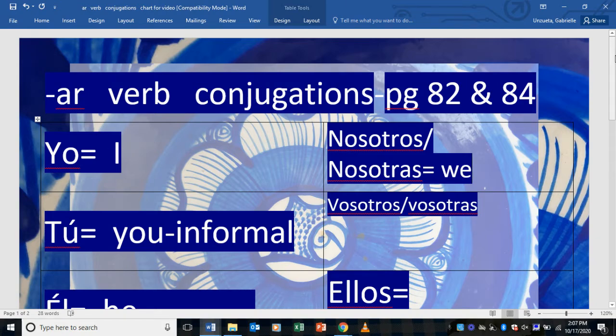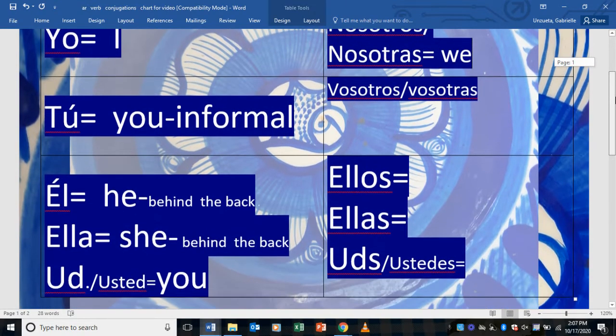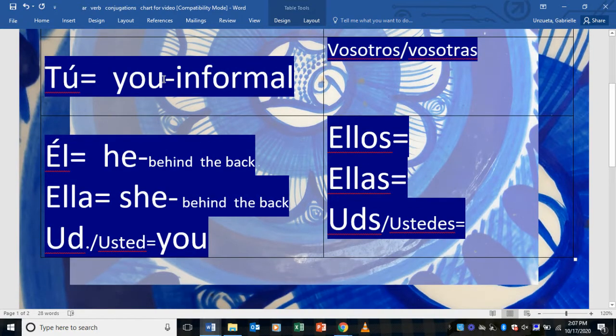Now we go to the second box, second person, and that's the you. So tú equals you. And you can see how they rhyme, tú and you, right? Now this one has a hat on it, doesn't it? Because we know that the people words wear hats. Tú versus tu, él versus el, mí versus mi.